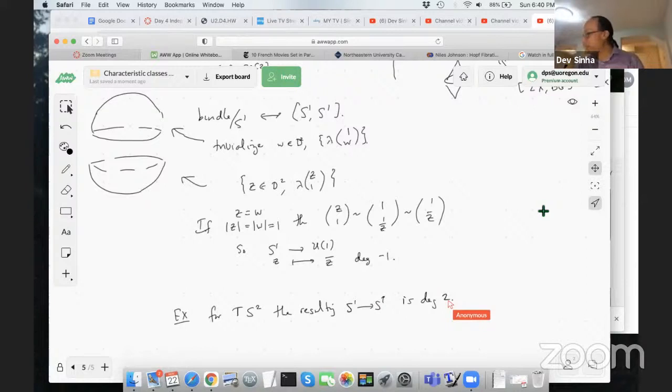So again, the first Chern class of the tangent bundle of S2 is naturally 2 times the generator, whereas the first Chern class of the tautological line bundle is -1 times the generator. Great.